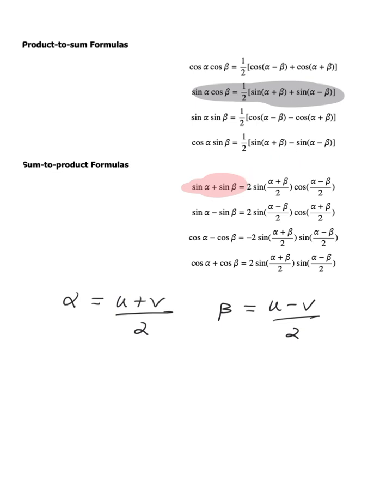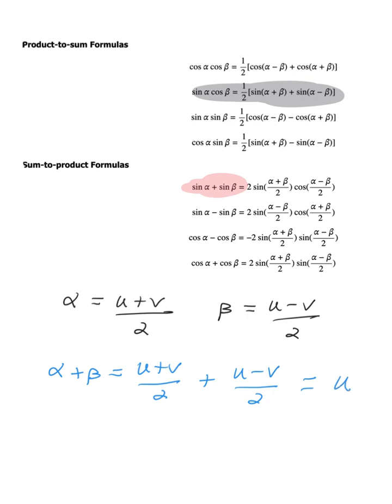First, a quick observation. If you add alpha and beta as I've defined them, which is u plus v over 2 plus u minus v over 2, what happens is you'll have u over 2 plus u over 2, because the v's will cancel. We'll have 2u over 2, and it turns out that this is just equal to u.